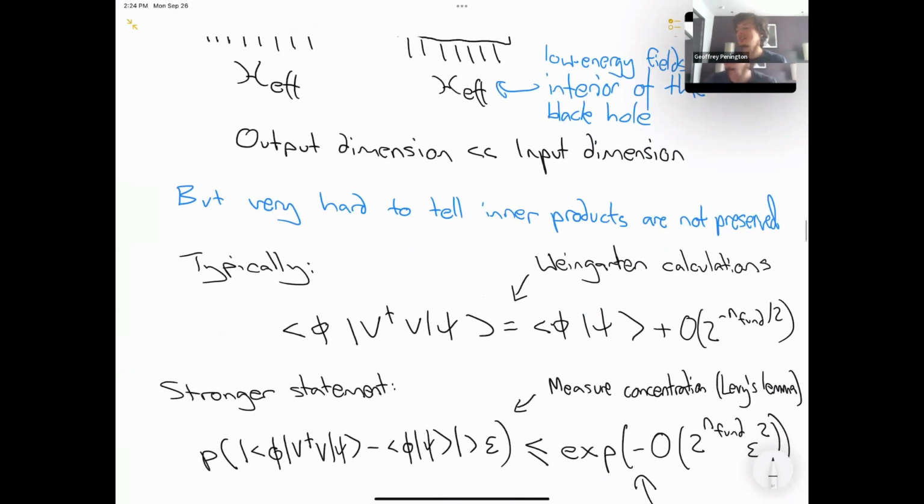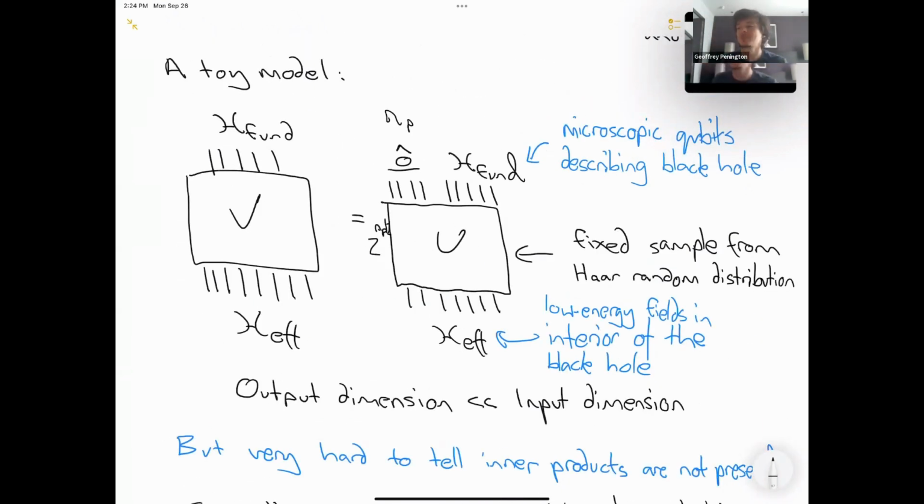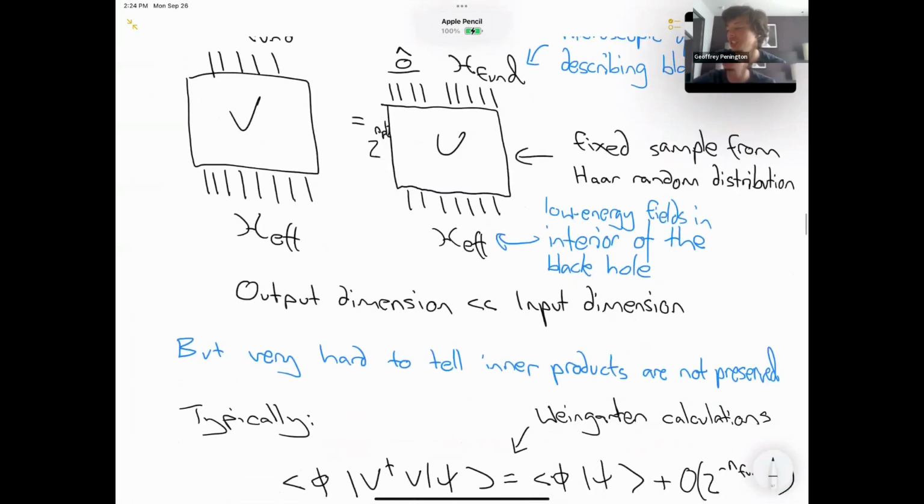So in fact, it turns out that typically the inner product between any two states, psi and phi, the inner product from the fundamental description, bra phi, V dagger V, ket psi, is going to be equal to just the inner product in the effective description, inner product of phi and psi, plus some exponentially small correction. It's exponentially small in the number of fundamental qubits, i.e. exponentially small in the Bekenstein-Hawking entropy of the black hole. So it's non-perturbative in G.